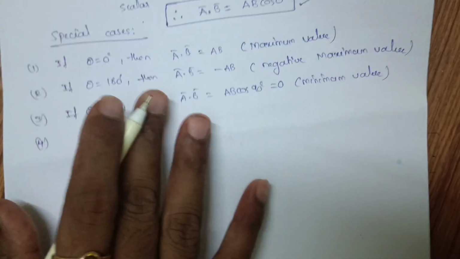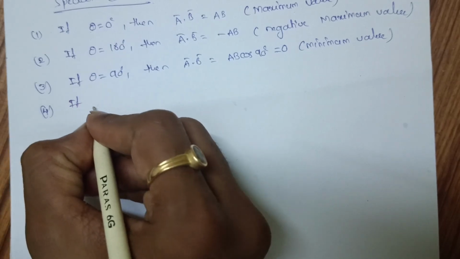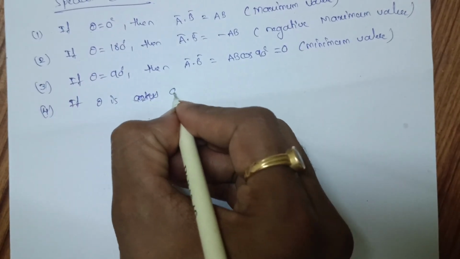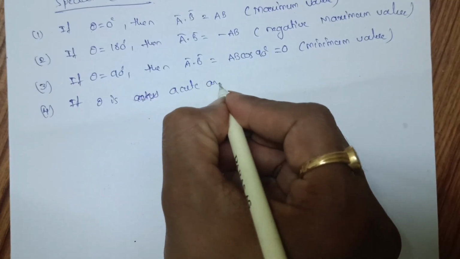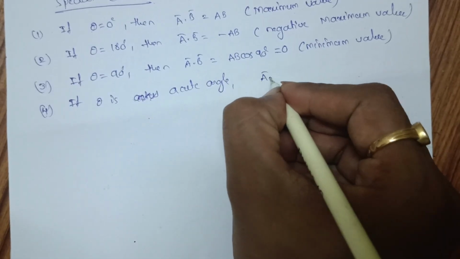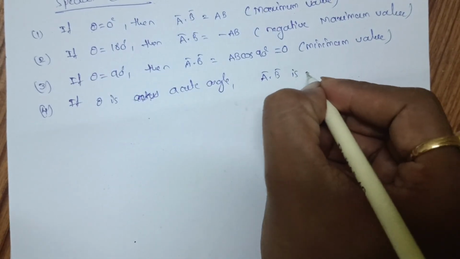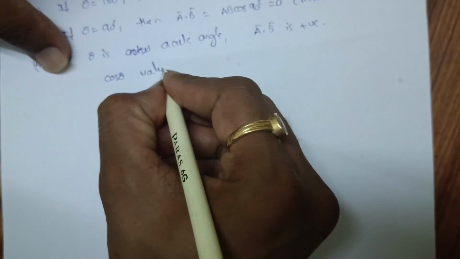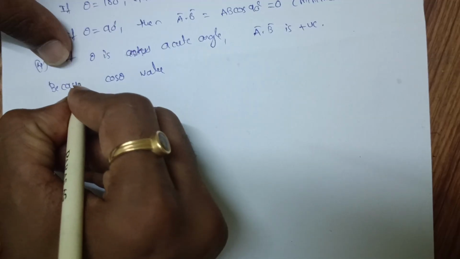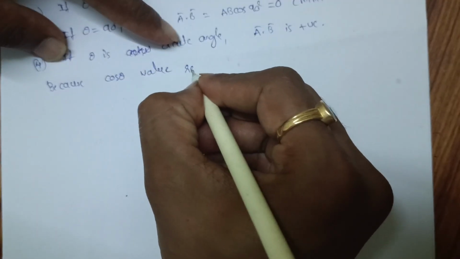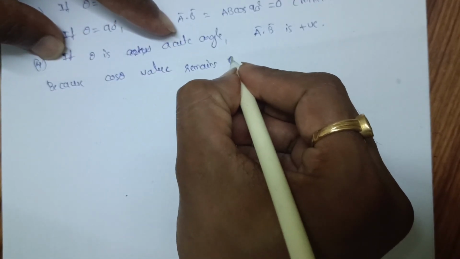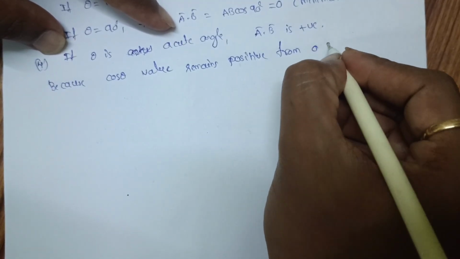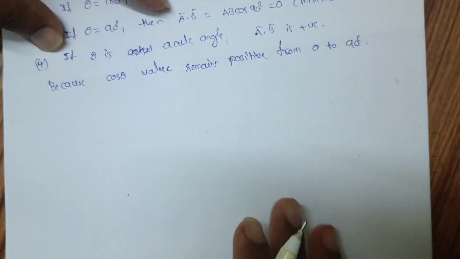Number 4, if theta is acute angle, then A dot B is positive, because cos theta value remains positive from 0 to 90 degrees.